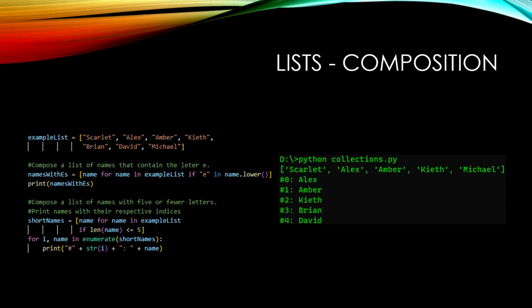And we say print number and then string i, and we add a colon, and then we add the name. So that's what this is going to look like here. Number 0 is Alex, number 1 is Amber, number 2 is Keith, number 3 is Brian, number 4 is David. So that's some more advanced things with lists.